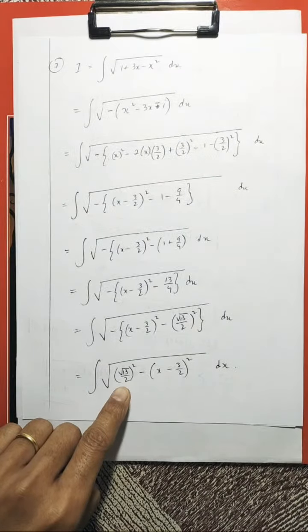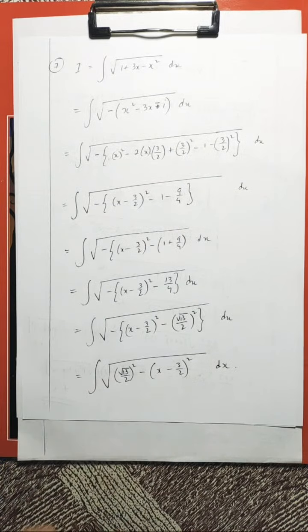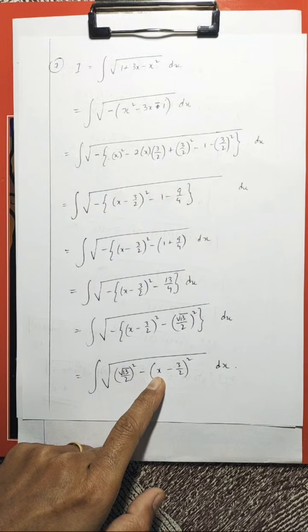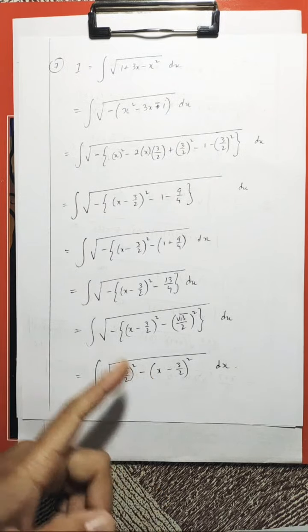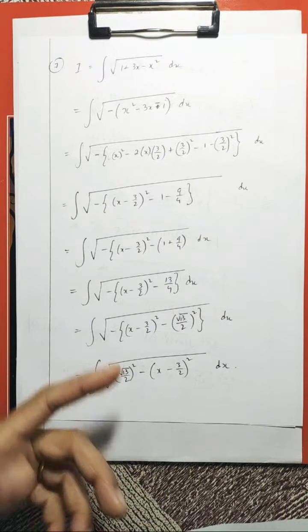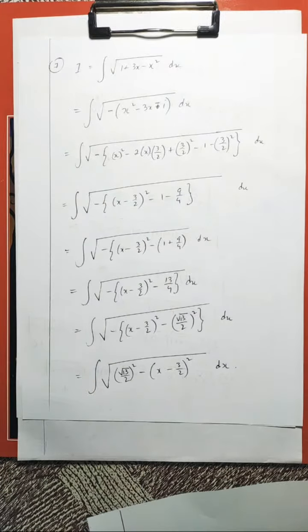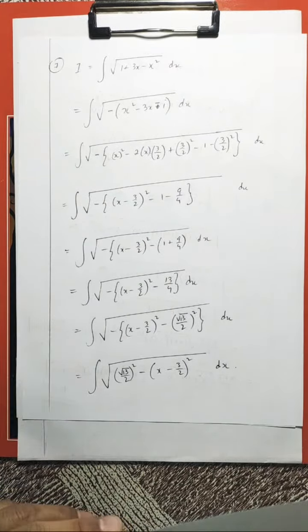Here we'll be using the formula for a square minus x square. You have a minus here, but no problem, because as I said, the x is free from any coefficient, so even if you substitute, there won't be any extra terms coming. Without substitution, directly you can use the values.